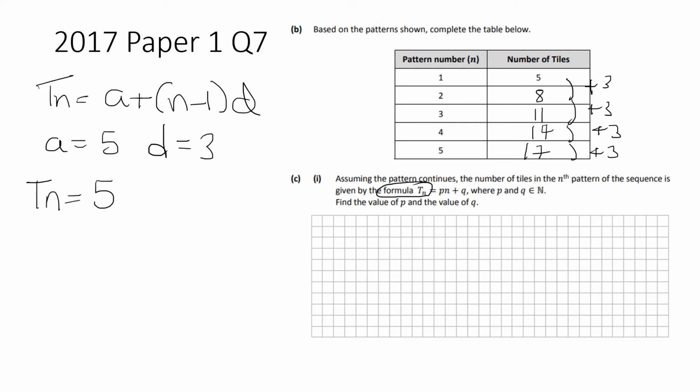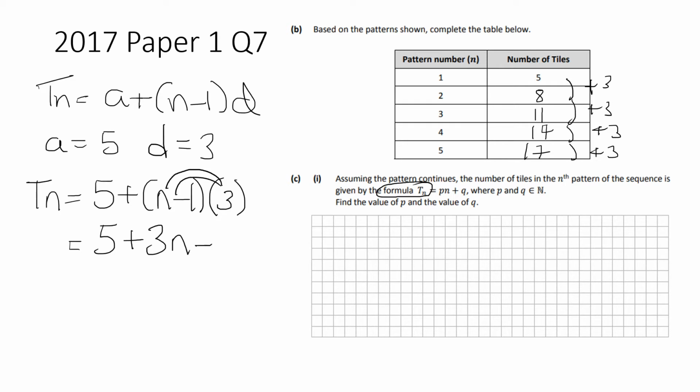So I now have 5 plus n minus 1 stays part of the formula. d is your difference. Then I have 5 plus 3 times n, which is 3n, and then 3 times minus 1, which is minus 3. Then I just simplify it, write your n's first, as is the general rule.